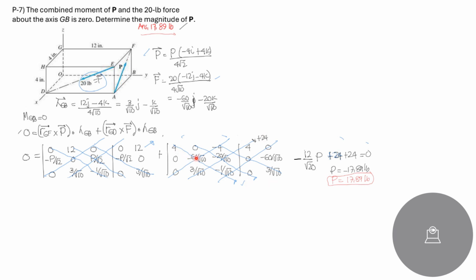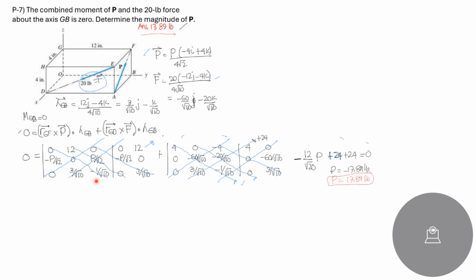So again, obtain the product. This has a value 0, 0, 0. This has also a value 0. So for this calculation, there are two values only in that direction and in that direction. So for the first, this has only the value, that's negative 12.